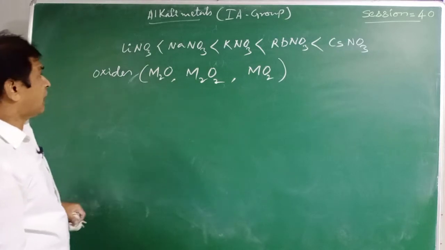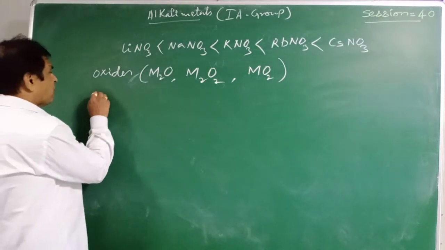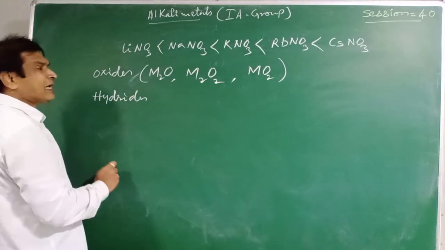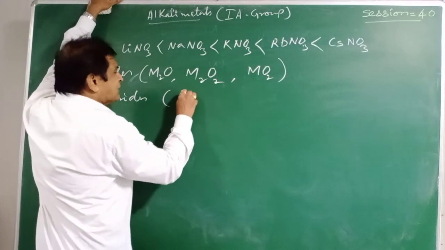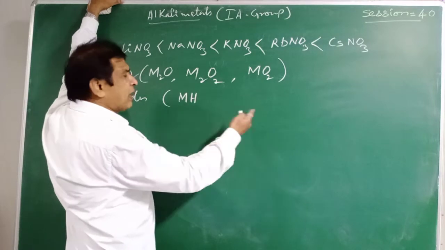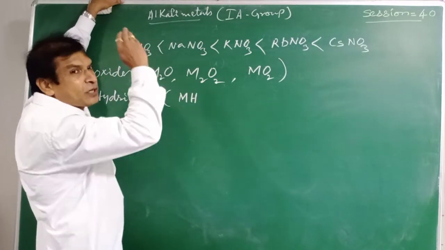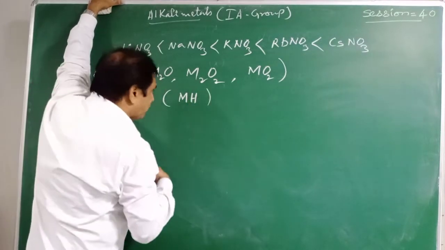We completed all these different types of oxides. Next, we also completed hydrides. Alkali metals can form MH type of ionic hydrides, that is LiH, NaH, KH, RbH and CsH. MH type of hydrides.